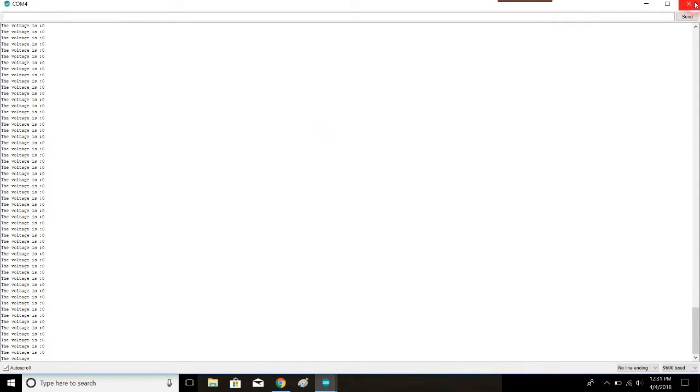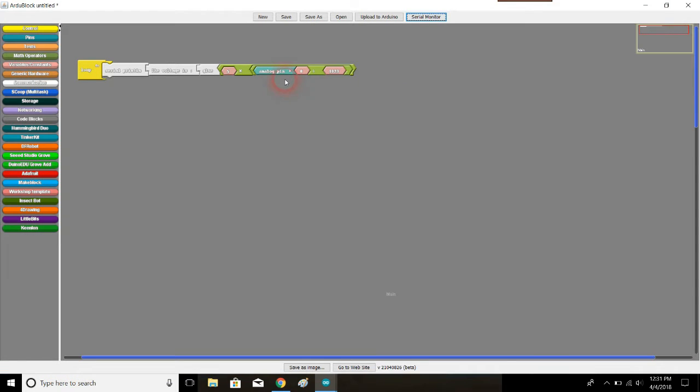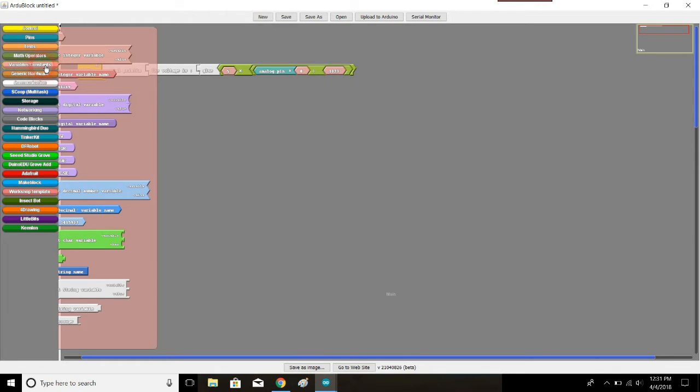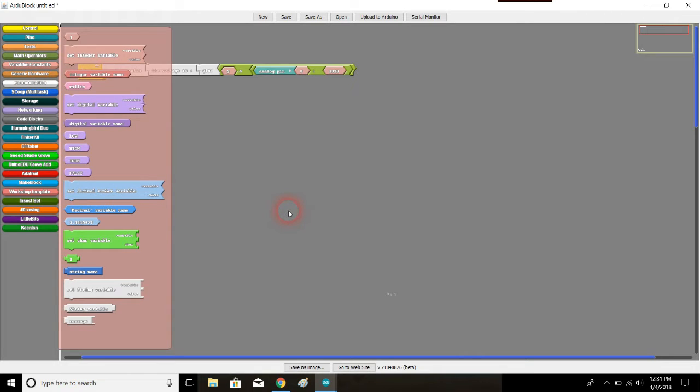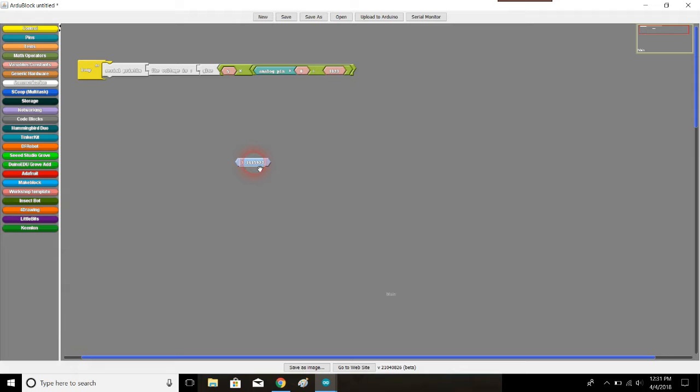Oh boy. All right, so what did we do wrong? Analog pin 0. I remember now. We have made one of the common errors in programming.